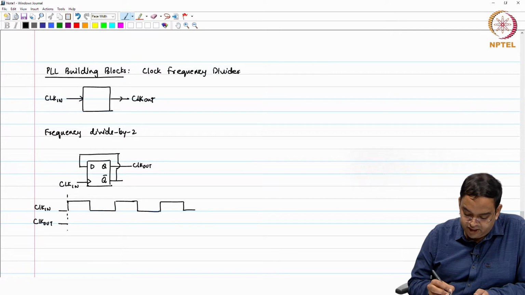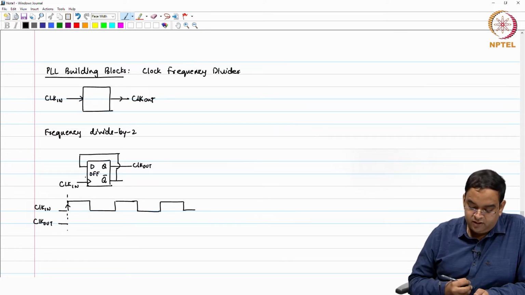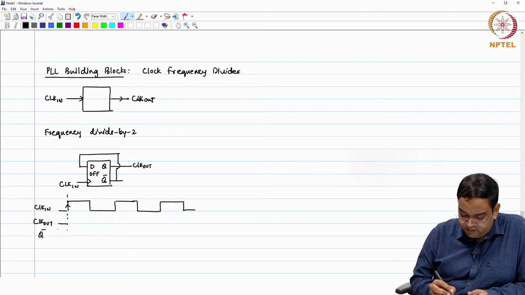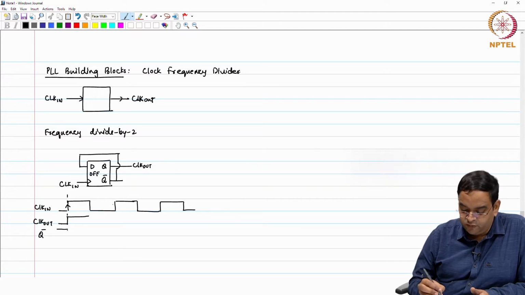If Q bar is 1 and you get a rising edge on this D flip flop, the input which is Q bar is 1 right now, you get a rising edge on clock in. So, you get output 1 and it remains 1. The next output is going to change only at the next rising edge.